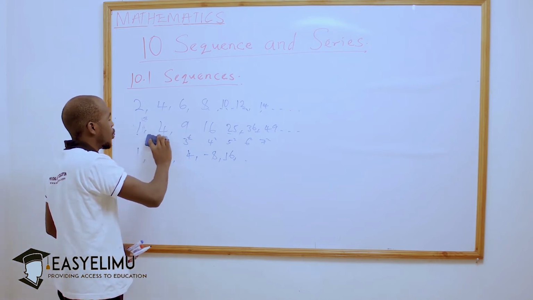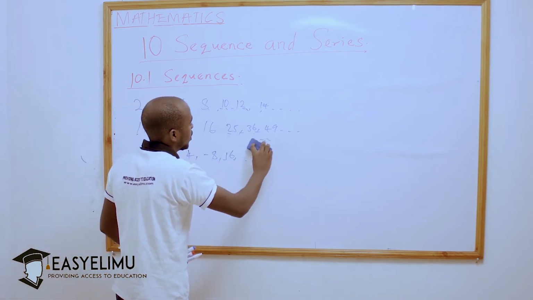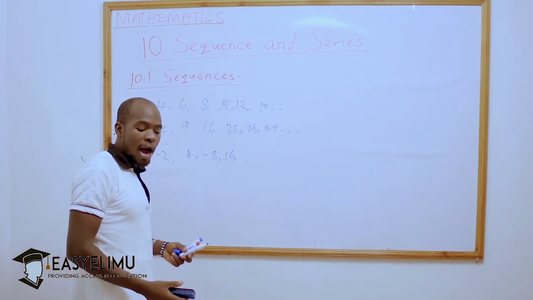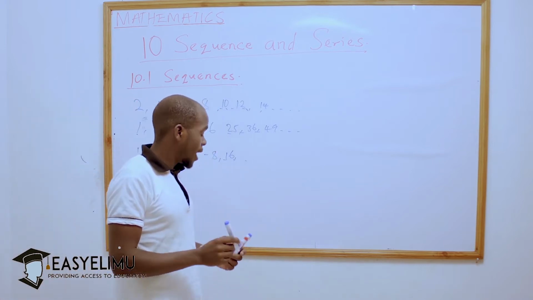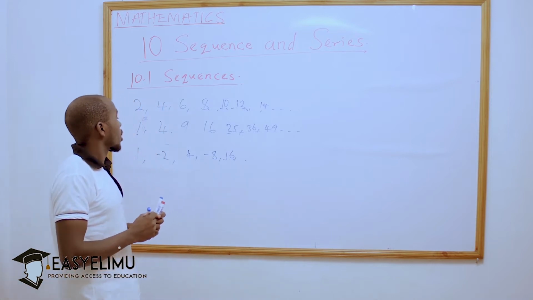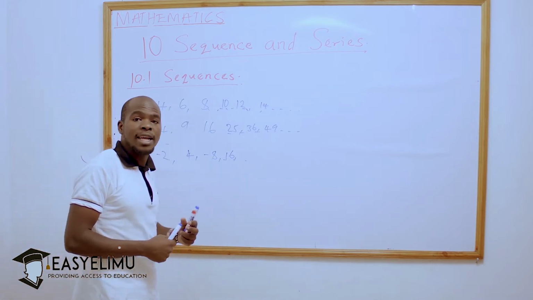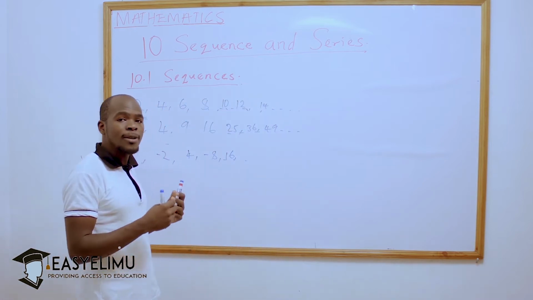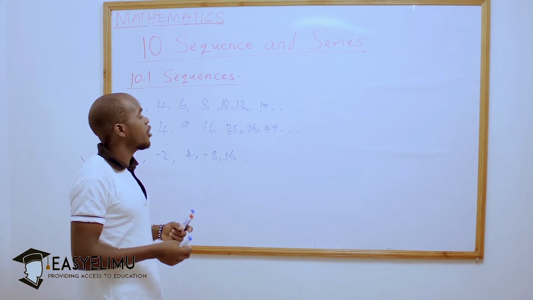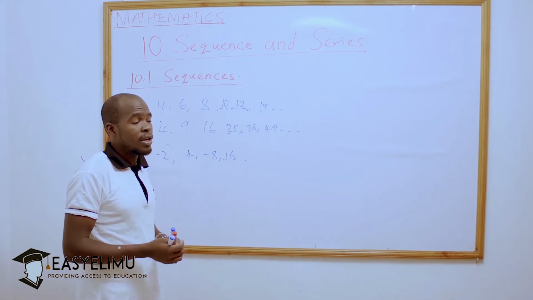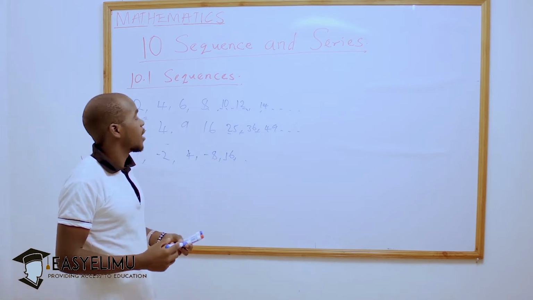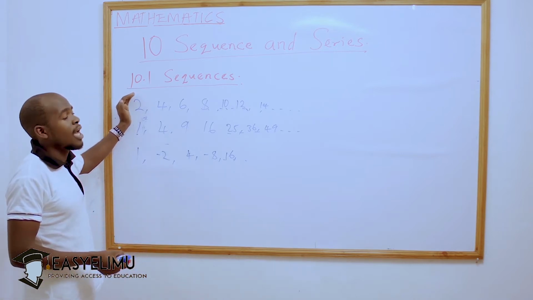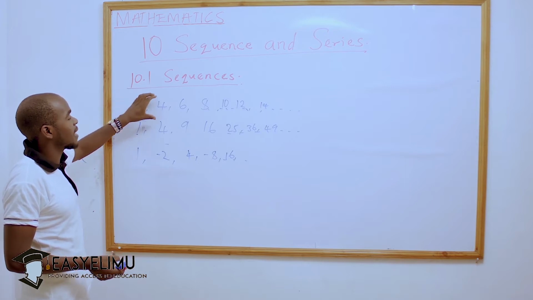Here you are finding the squares of the numbers as they proceed from 1 onwards. Here we were adding 2. So if you find a pattern of numbers arranged following a specific rule, we refer to that pattern as a sequence. Here is our sequence in which we add 2 to find the successive number.